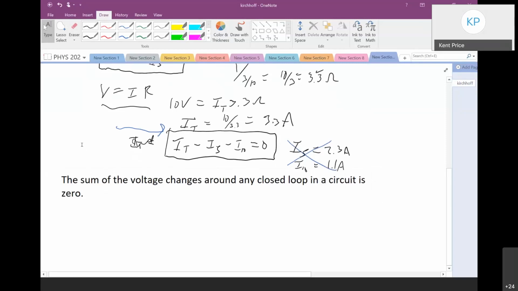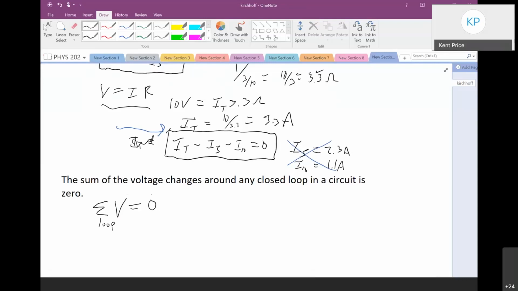In mathematical shorthand, that's the sum, capital sigma, of voltages V, and to remind ourselves that it's around a loop, sometimes we write that there, equal to 0. Let me talk a minute about what this means physically before we use it in the example.